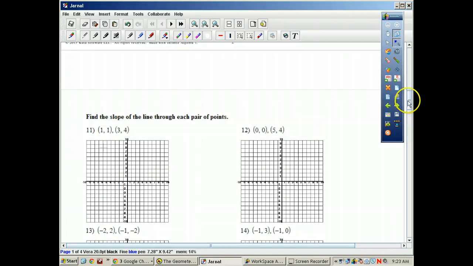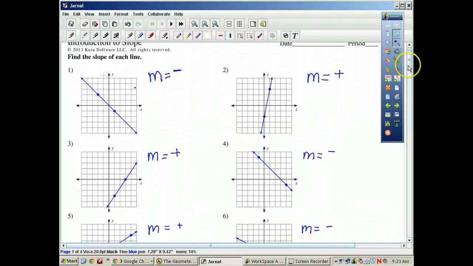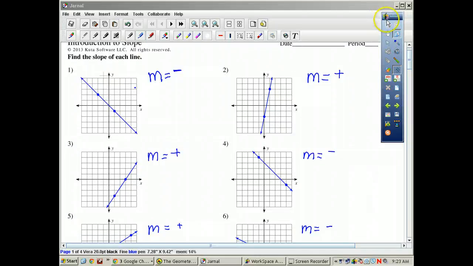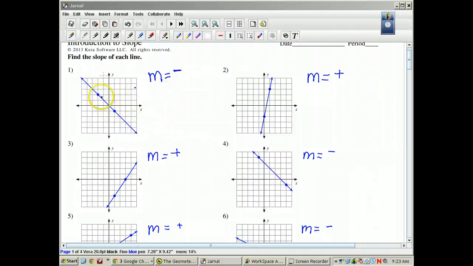Okay. Going back to the top here. Here's where we can start calculating slope. If you need to, you can draw these so you can count easier. If you don't need them, that's fine as well.